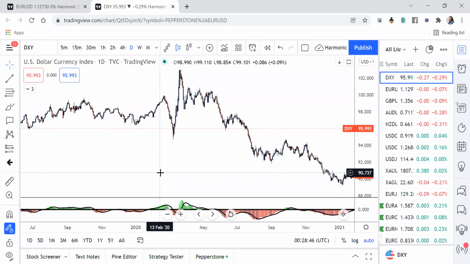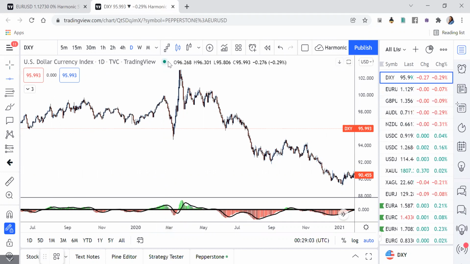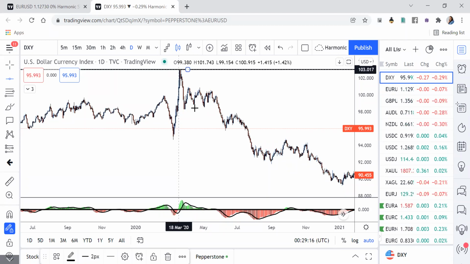If you think about a valley and a mountain, red zones are valleys, green zones are the mountain tops, and you want to identify both as we come down into this downtrend. So this is a mountain top here, a green zone starting at the top of this downtrend. So we're going to add a horizontal line there.